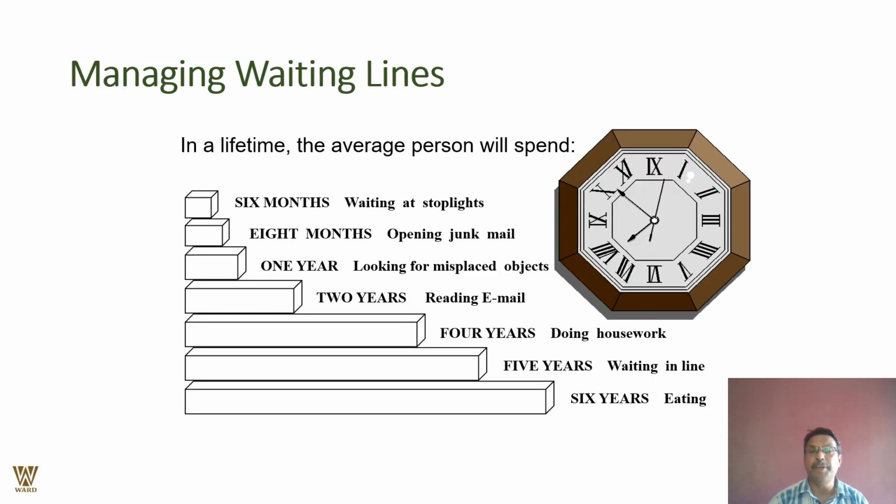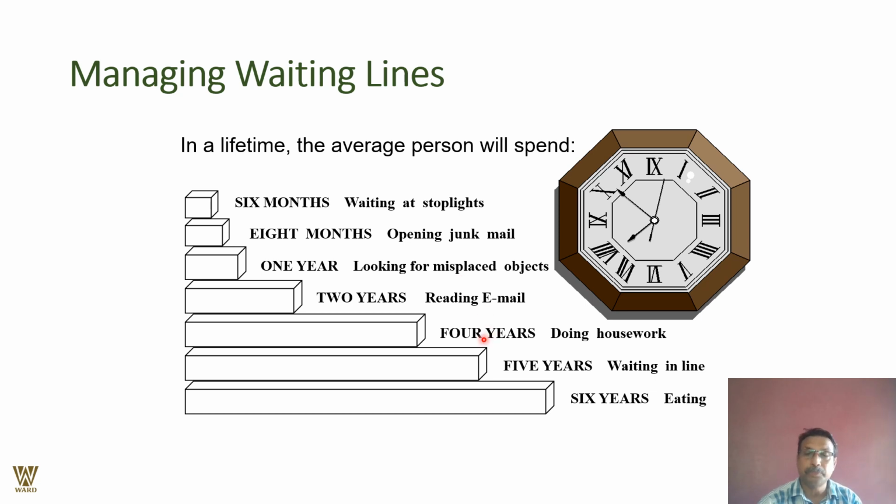In a lifetime, the average person will spend approximately 6 months waiting at a stoplight. Look, what are you talking about? 6 months waiting at a traffic light, if I may say so. 8 months opening junk mail in your email inbox. 6 plus 8 months, you have already crossed 1 year of pure wastage. 1 year looking for misplaced things: your mobile, your car keys, your house keys, your documents, you name it.